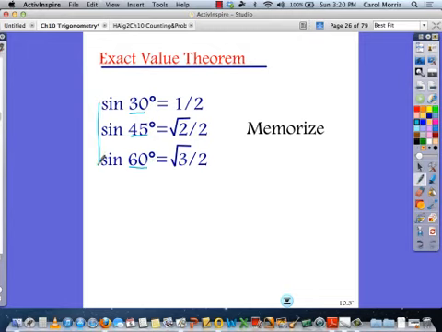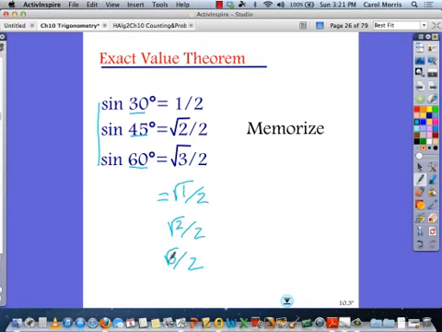And then the best way to think of it is they're all divided by 2, so that's a nice part. And then I like to say if you've got them in order here, 30, 45, 60, you've got them in order here, 1, 2, 3. And when I talk to people about memorizing it, then you say, okay, I know they're all over 2, and then you just start putting square roots in and you start counting.